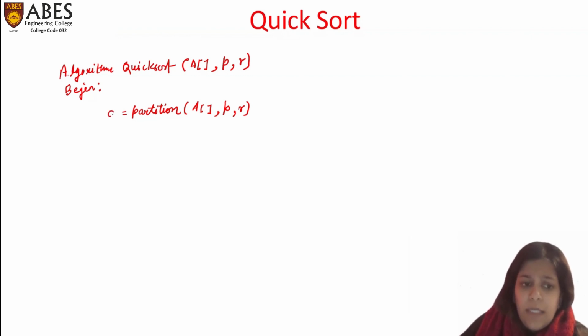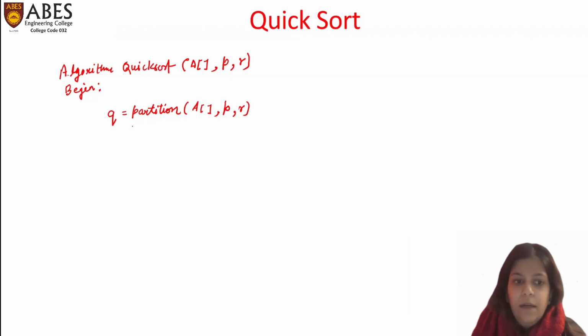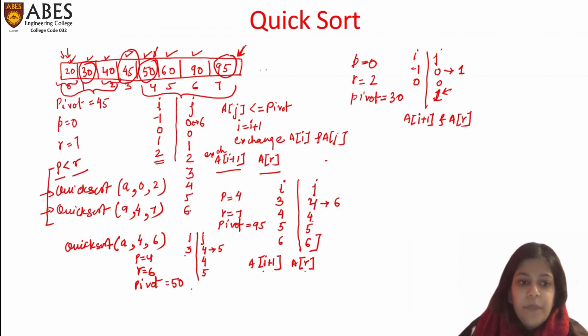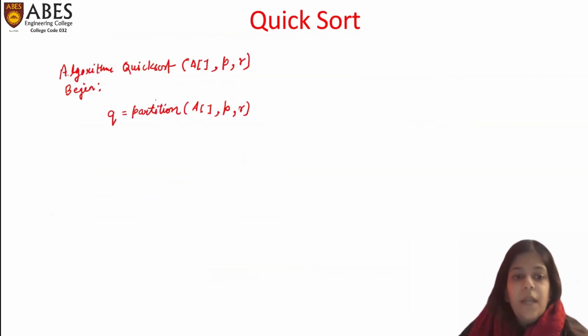Like here in the example that we did, in the first iteration, the pivot element was stored at index number 3. So we are going to return this index number 3, right? So that for the next time, we can call the quicksort from 0 to 2 and 4 to 7. So for that, we need this index where we are placing the pivot element, right?